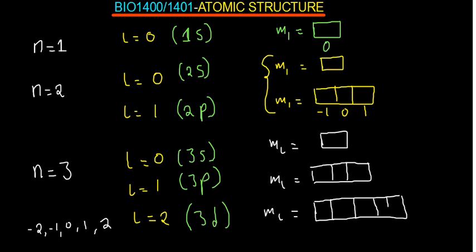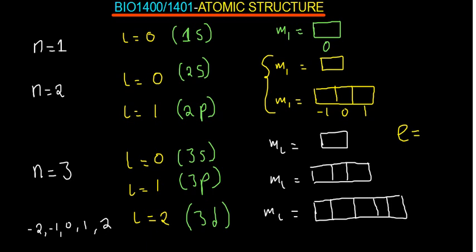So meaning that the third energy level, how many orbitals do they have? If they ask you how many orbitals are in the third energy level, they are 1, 2, 3, 4, 5, 6, 7, 8, 9. And remember each orbital should have 2 electrons. This tells you that the third energy level can have 18 electrons.